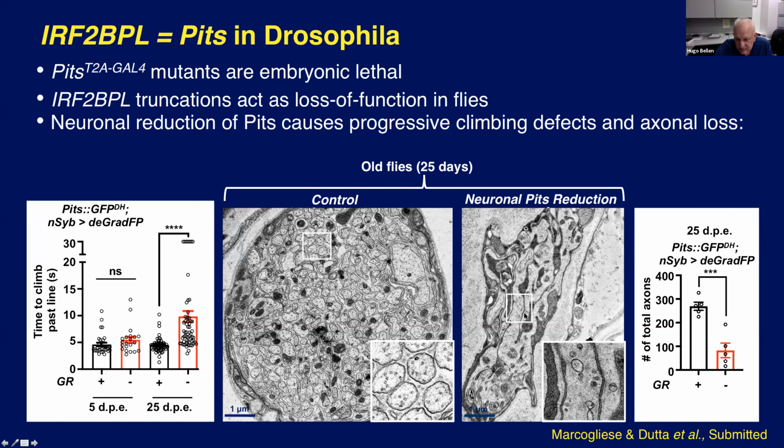You see a massive loss of the axons in this wing nerve, and that is quantified here, where you go from 260 to about 80 after 25 days. So there is a very severe defect associated with the loss of PITS, the homologue of IRF2-BPL, in the wing nerves.